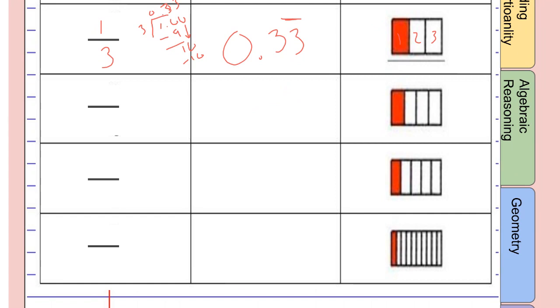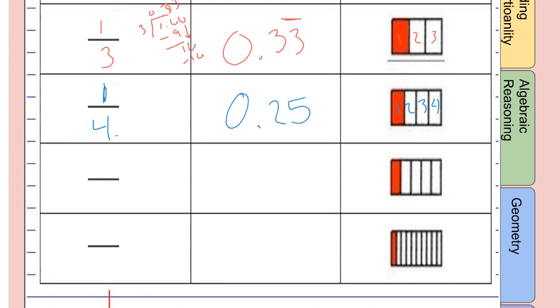Okay, we're going to keep moving on. We got a couple more to do. All right, this one, we have 1 shaded again out of 1, 2, 3, 4. And this time we're going to think about money. If we have 1 whole dollar and 4 coins that equal a dollar that are all the same, they are worth 25 cents.